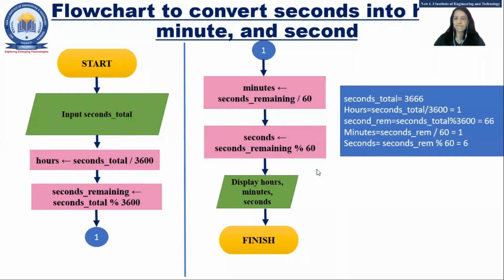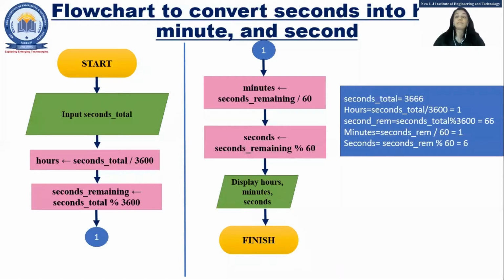Till then I'll repeat that one. So what happened? We have taken the total seconds and then we have converted it into hours, minutes and seconds. Now I have given one homework. You need to take input as total paisa and convert it into rupees and paisa.